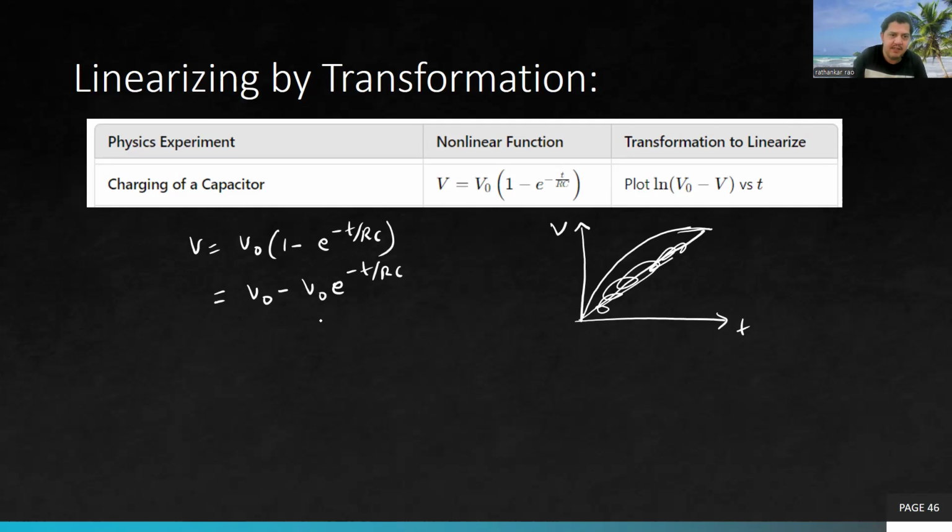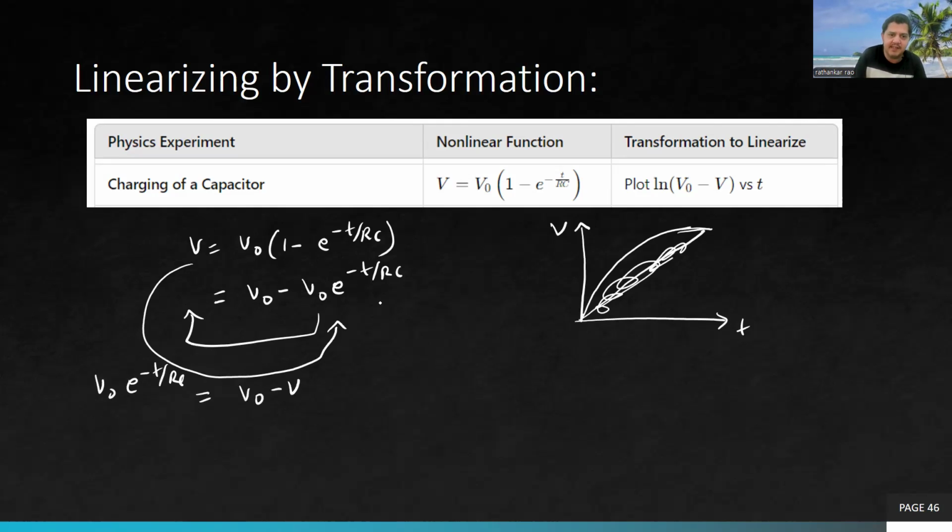Then I will take this V naught to this side, and this one I'll pull here. So the negative side goes that side, it becomes V naught e to the power of minus t by RC equal to V naught minus V. Okay, I have pulled this V this side and V naught e power minus t by RC that side.